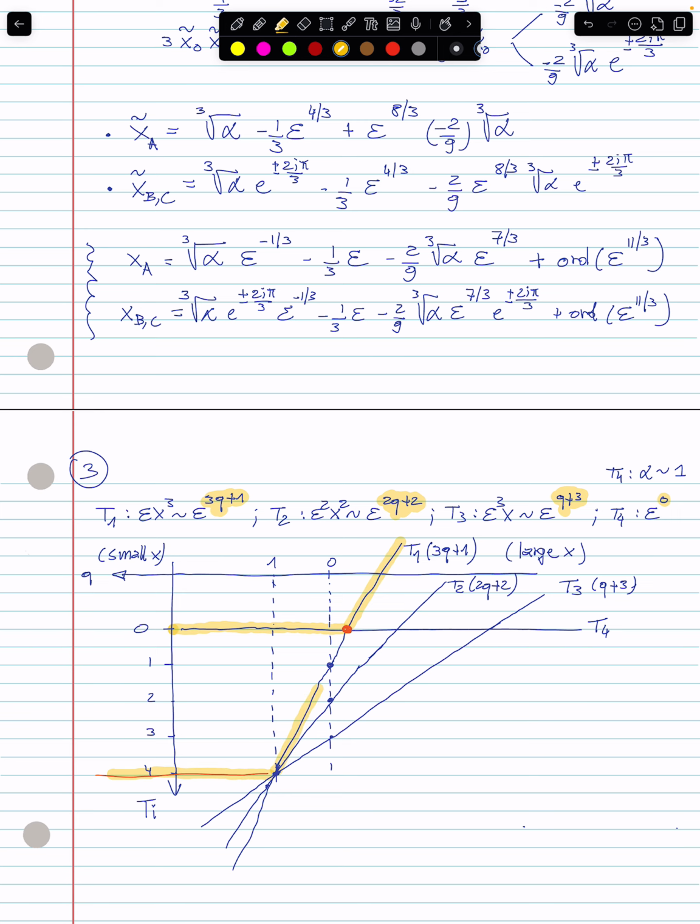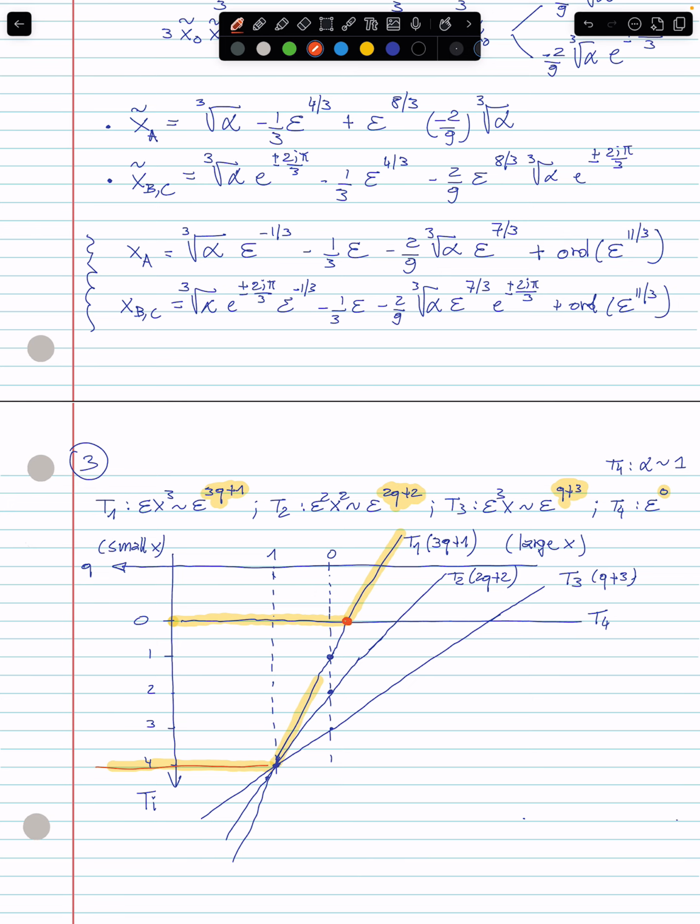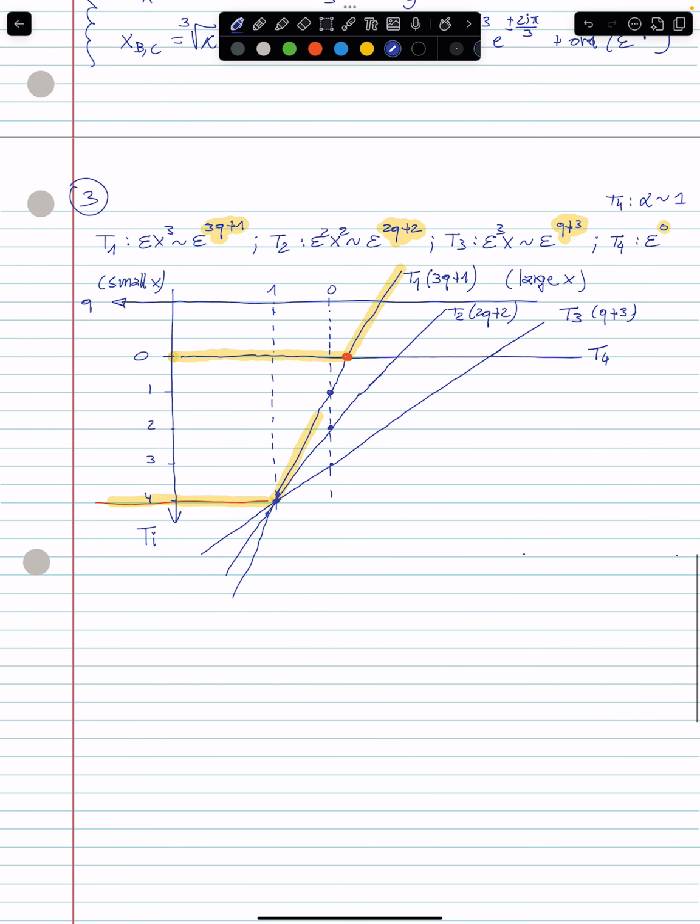If alpha is written like epsilon to the power p with p smaller than 4, it means no change.